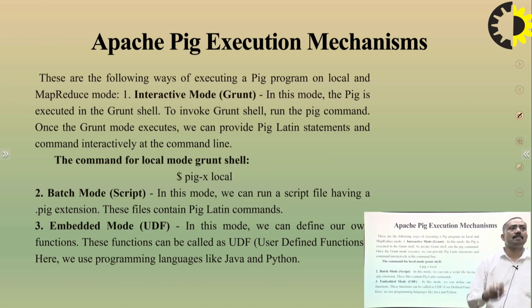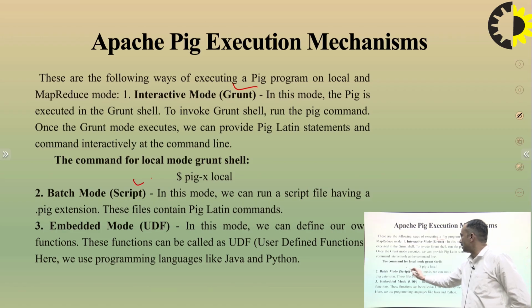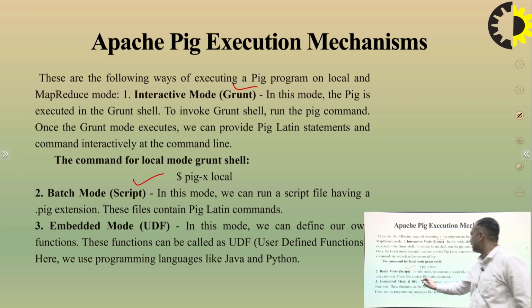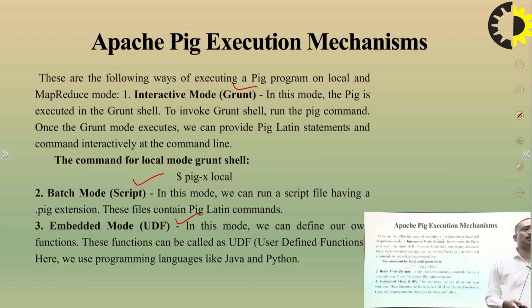Then we have three types of execution mechanism in Apache Pig. The first one is interactive mode or grunt mode. The second one is batch mode, or script mode. And the third one is embedded mode or UDF mode. In the case of interactive mode, Pig is executed in the grunt shell.